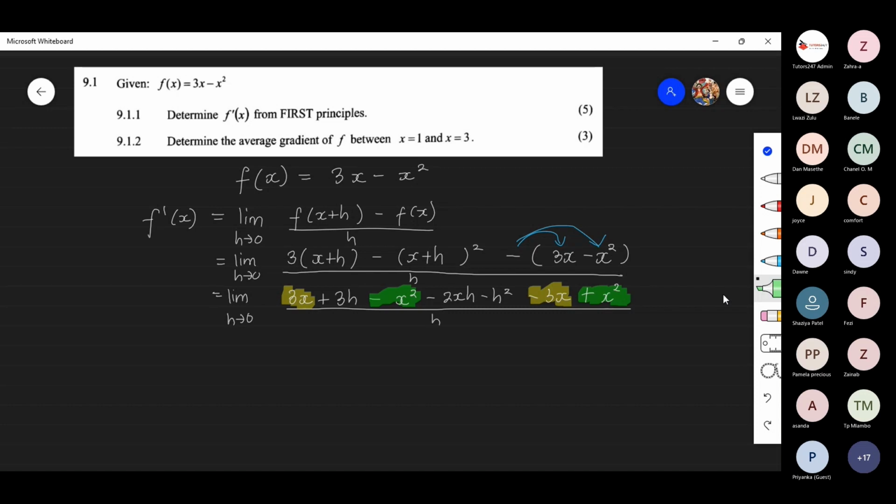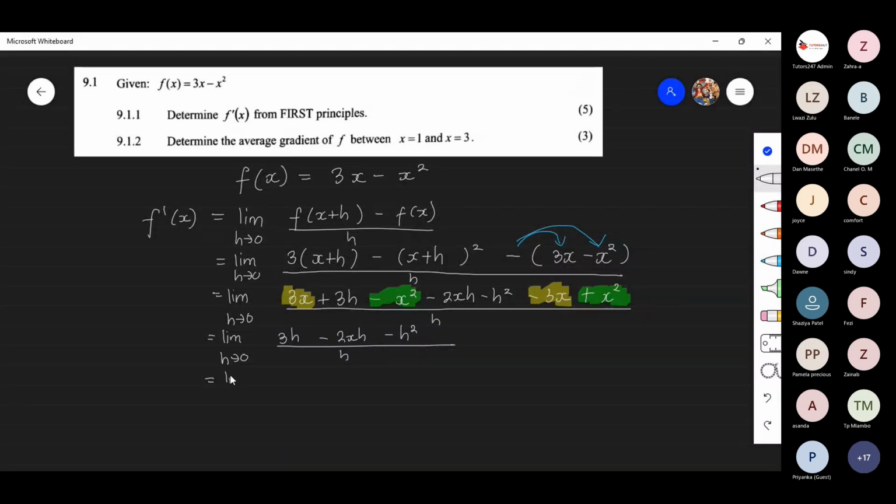So from that point, we can just write down what we are left with, which is just 3h minus 2xh minus h squared. So we'll bring down our limit because we have not yet substituted h as 0. We bring down what is left, 3h minus 2xh minus h squared. From this point, we can take out our common factor, which is h.